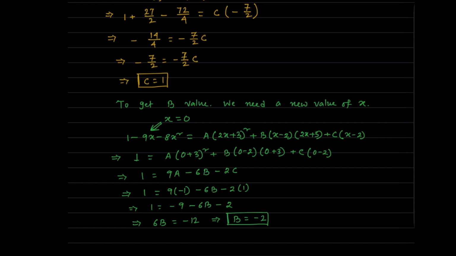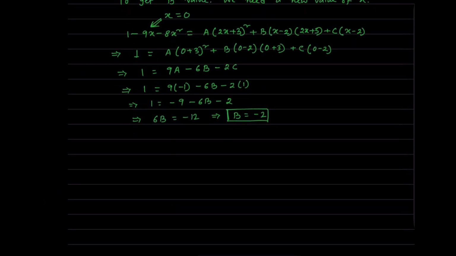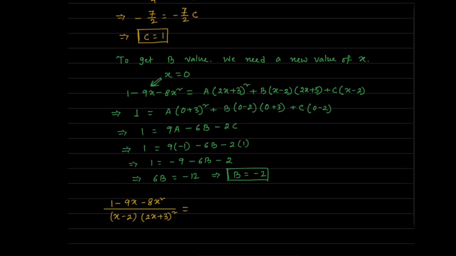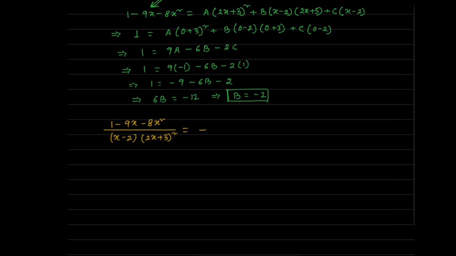Alright, so this is our a, b, c value, and finally we can write our final answer. Our final answer is: 1 minus 9x minus 8x square divided by (x minus 2) into (2x plus 3) whole square equals, our a value is minus 1, so we can write minus 1 by x minus 2.